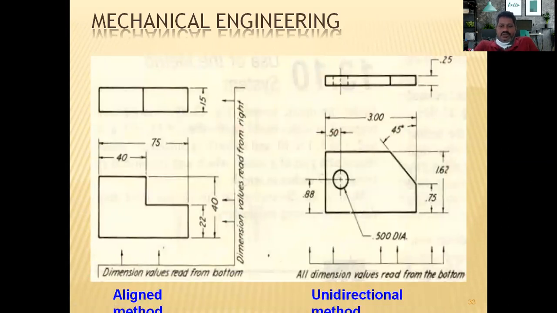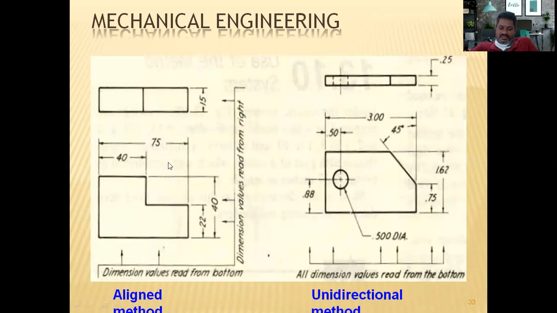Then let me move further. There are different dimensioning systems. One is the aligned method, the other is unidirectional. In the aligned method of dimensioning, the dimension values are read from the bottom as well as from the right. So from the bottom and right, we are going to read the dimensions in the aligned method.